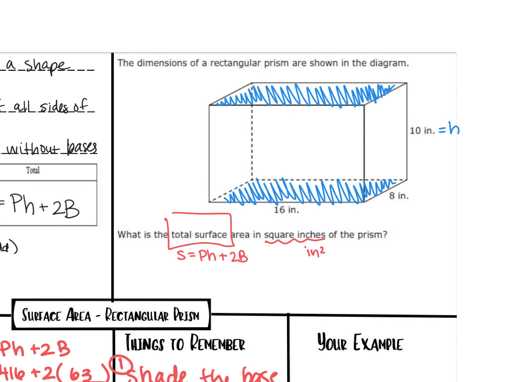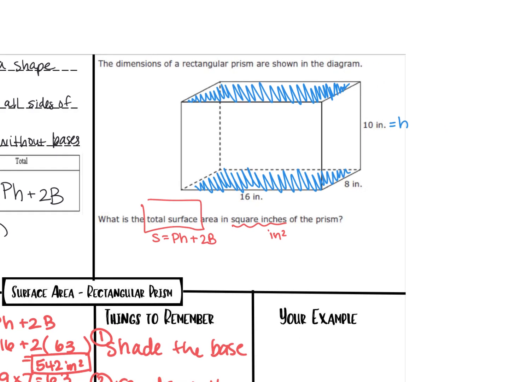I'm going to redraw my base. So it's a 16 by 8, 16 and 8. So I'll let y'all go ahead and find P. We already know what H equals. And find your B as well.